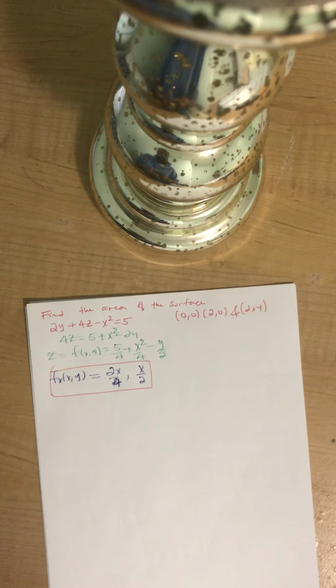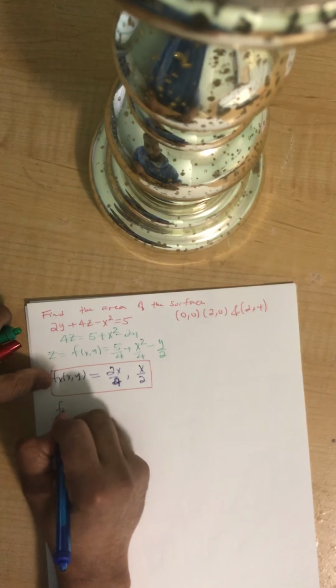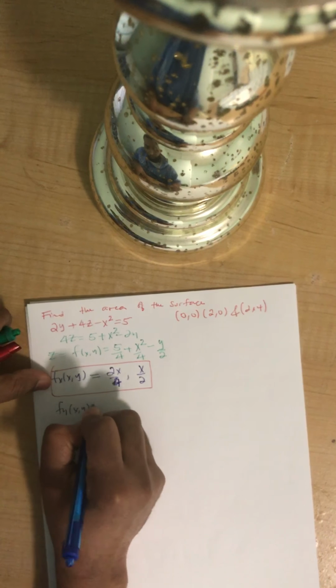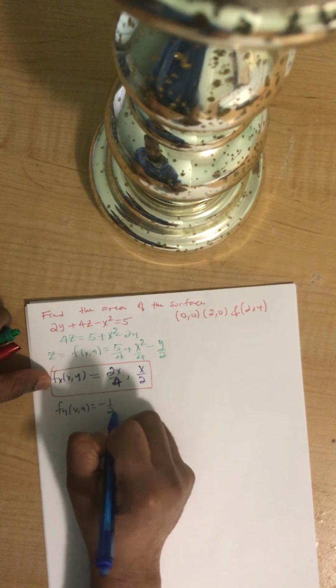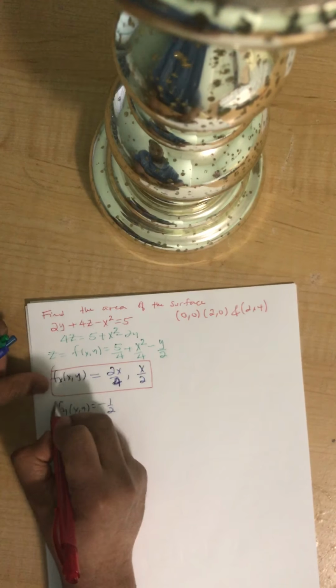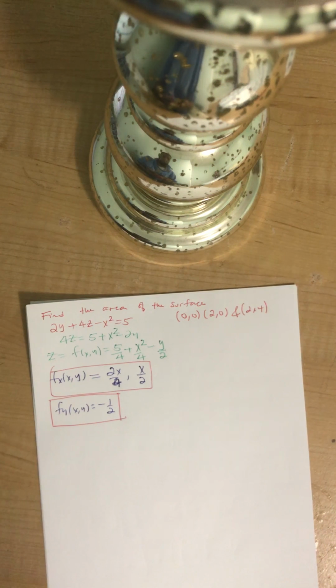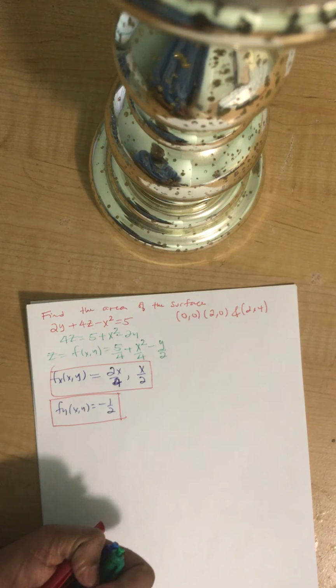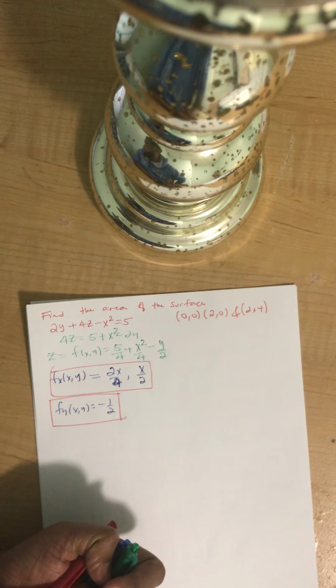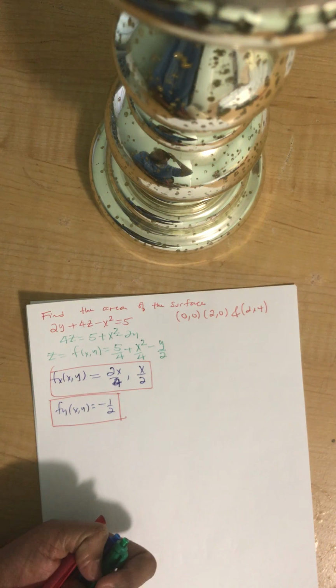The same thing for y: f sub y of x, y equals minus 1 over 2. Alright, now I have found my partial derivatives with respect to x and y.